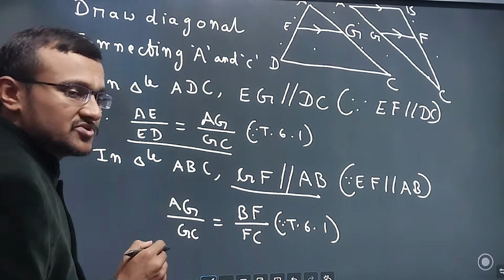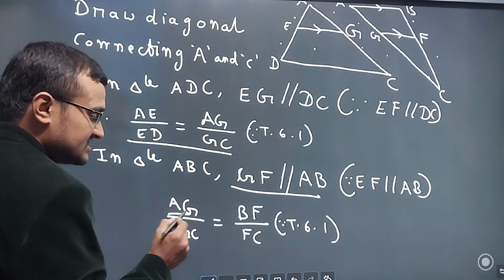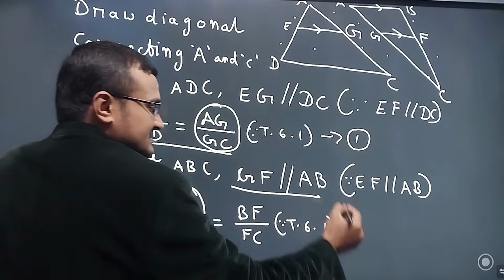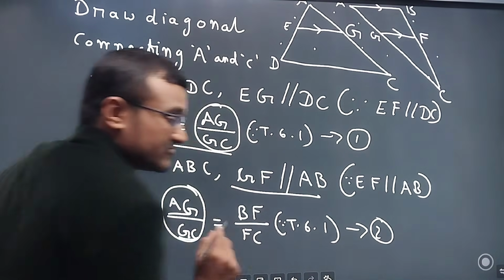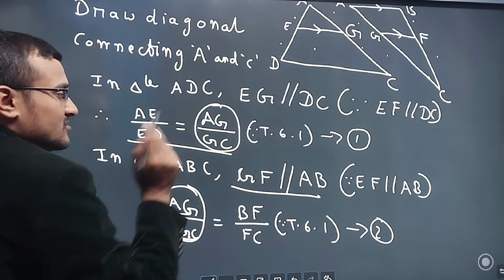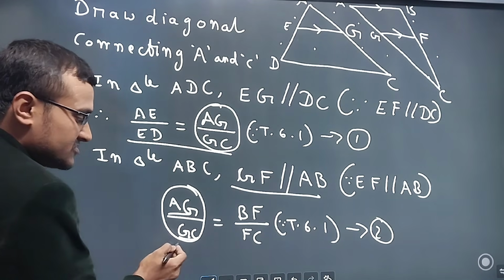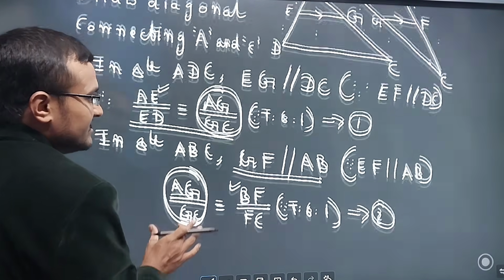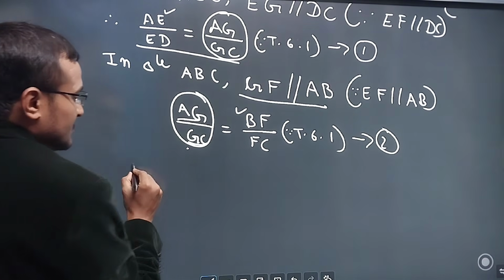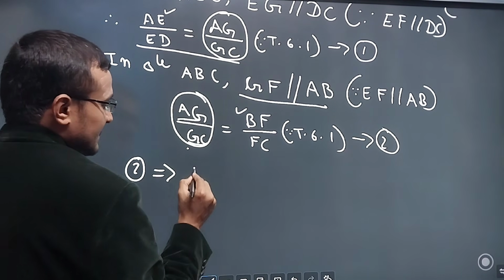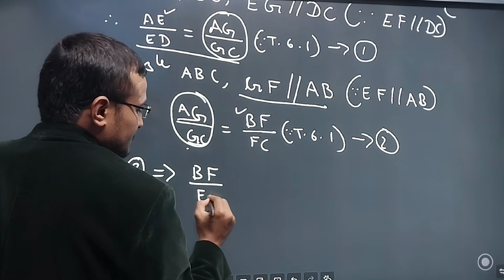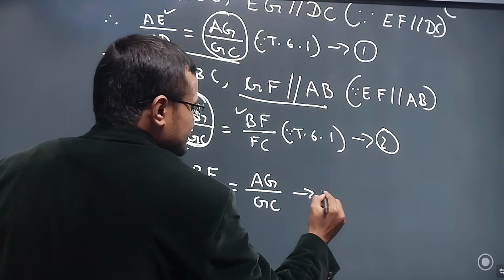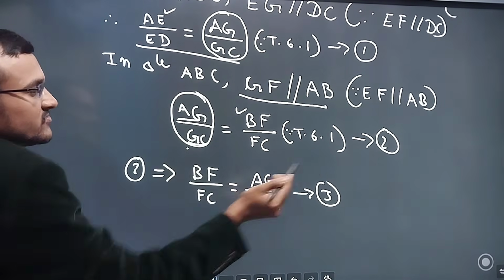So AE by ED is equal to AG by GC, and AG by GC is equal to BF by FC. If you call this equation 1 and this equation 2, in equation 1 we have AG by GC, and in equation 2 also we have AG by GC. So equation 2 I can write as BF by FC is equal to AG by GC. Call this equation 3. Now compare equation 1 and equation 3.